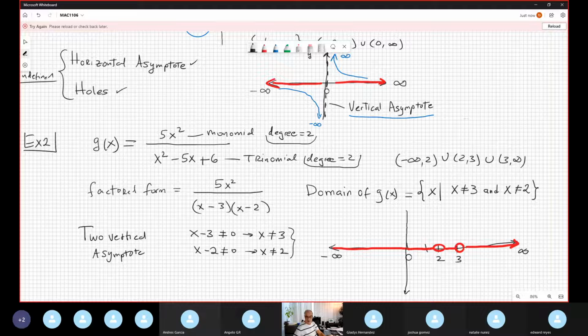So as I want to analyze the problem in 2D, I include the y-axis. We have vertical asymptote number 1, corresponding with this restriction. At 3, we have another vertical asymptote, number 2, which corresponds with the second restriction. So it's important, I want to explain now how you investigate the behavior of the graph.